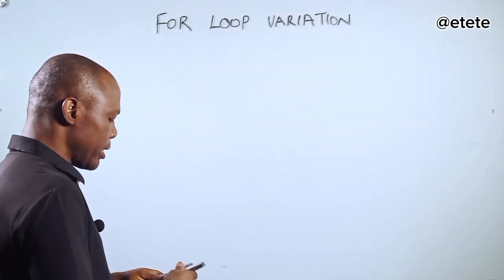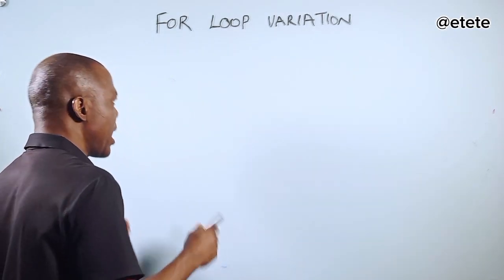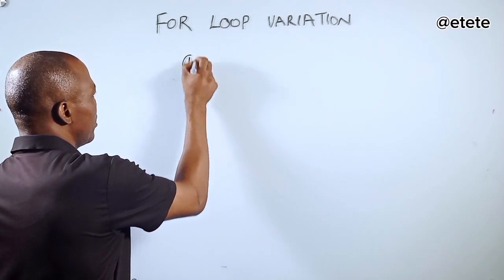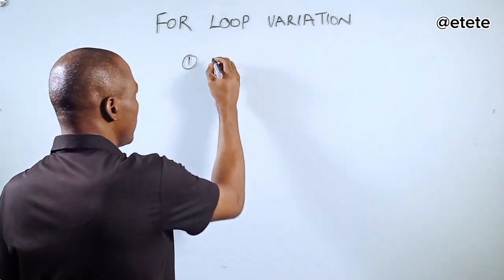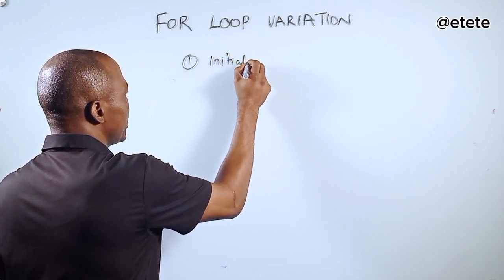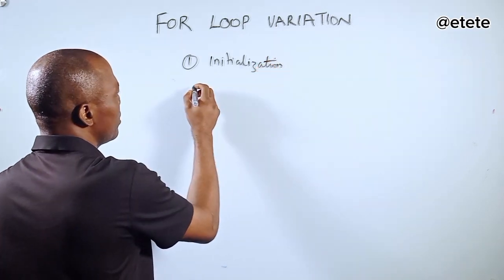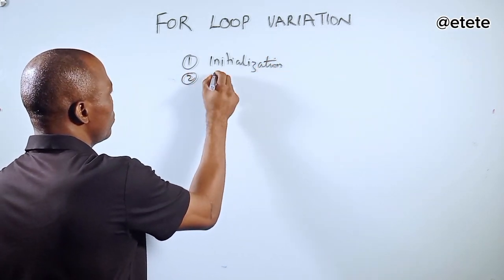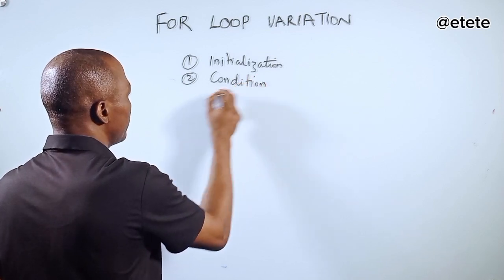Now you know that a loop basically has three component parts, which I told you in a while loop, which are what? Initialization. Then you have two, the condition, right?